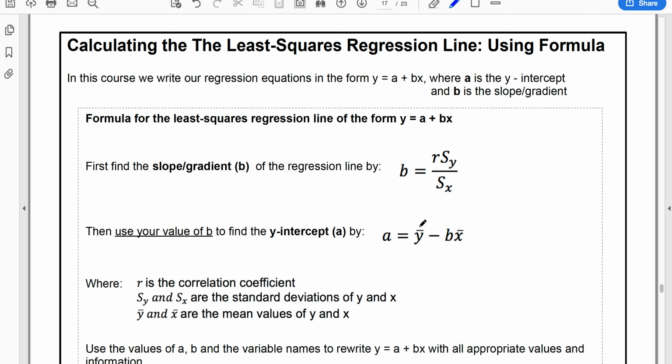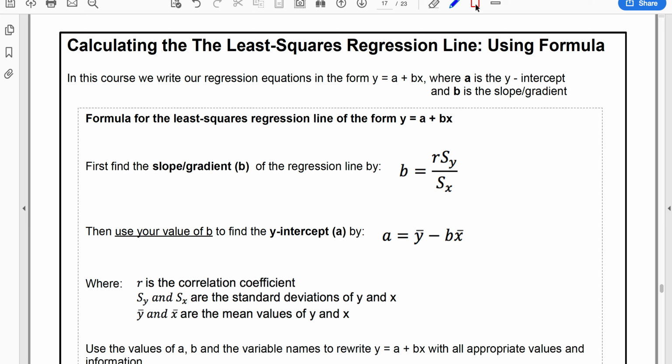You can obviously calculate them using your calculator. However, with these sorts of questions, you're going to be given the mean and the standard deviation, and we're going to ask you to get the least squares regression line, or the equation for it, using those statistics. I'm going to show you how it's done.